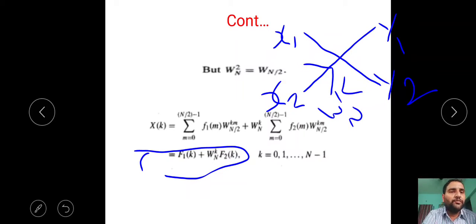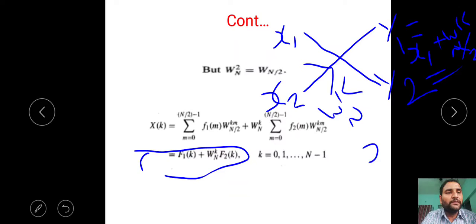Now the outputs of the given structure are y1 equal to x1 plus W_N^k x2, and y2 equal to x1 minus W_N^k x2.